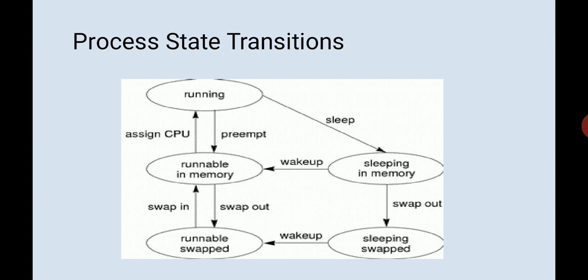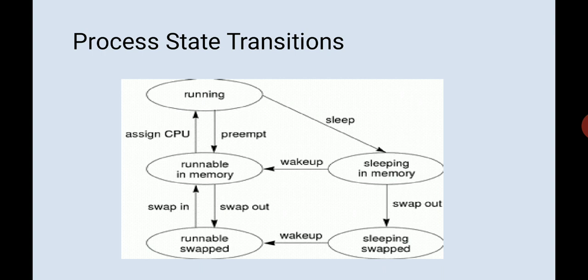Now this one really tells you the process state transitions. First is running, then runnable in memory, runnable swapped, sleeping in memory, sleeping swapped. From runnable in memory, it is assigned the CPU and goes to running. Then if it is preempted, it goes back to runnable in memory.